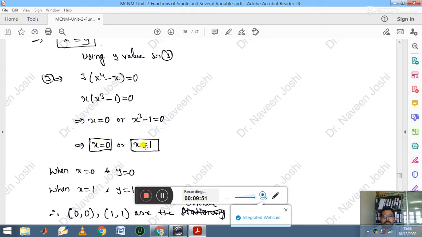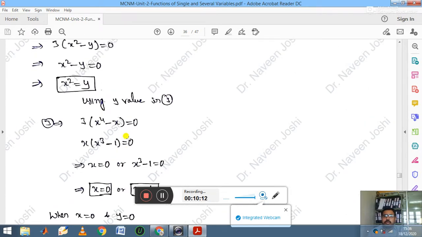Okay, here it is a very important point. When you solve equation 3, you get two x values: the first x value is 0, the second x value is 1. Then you need to find the corresponding y values. To find y values you can use equation 2 or equation 3, that is your choice.